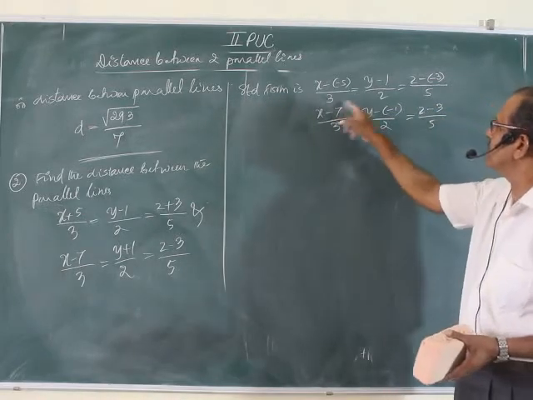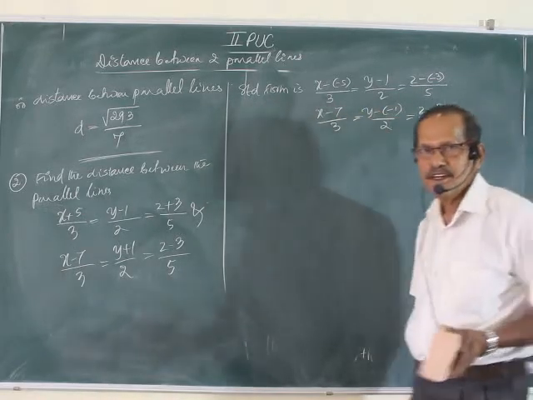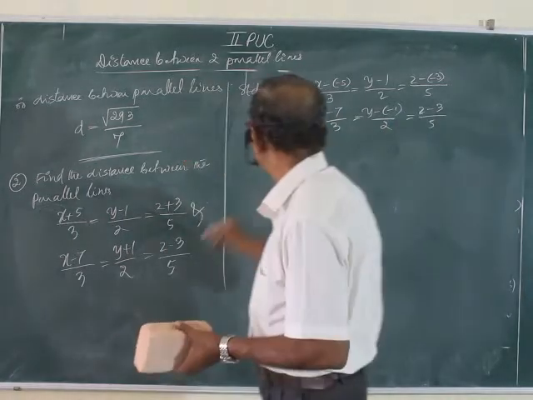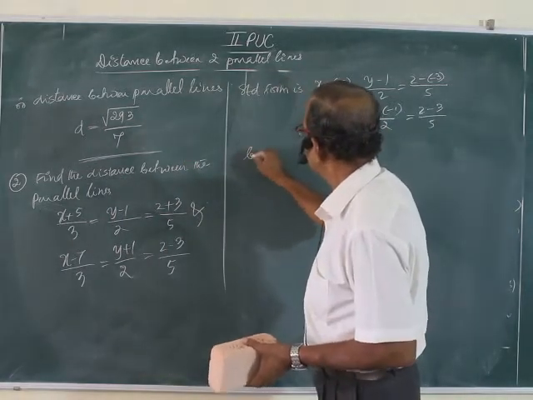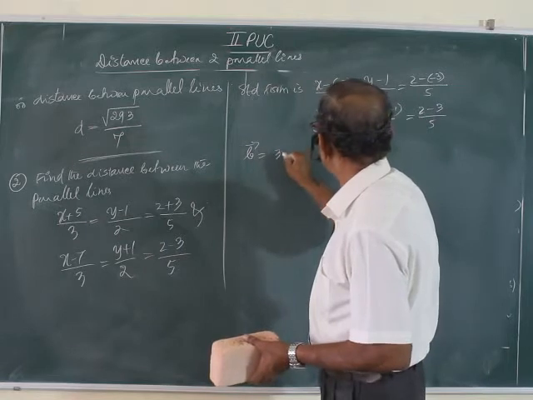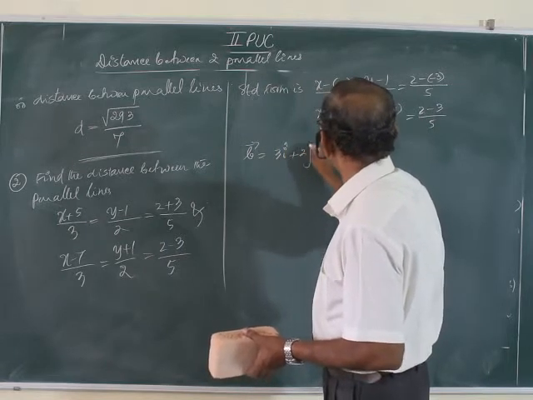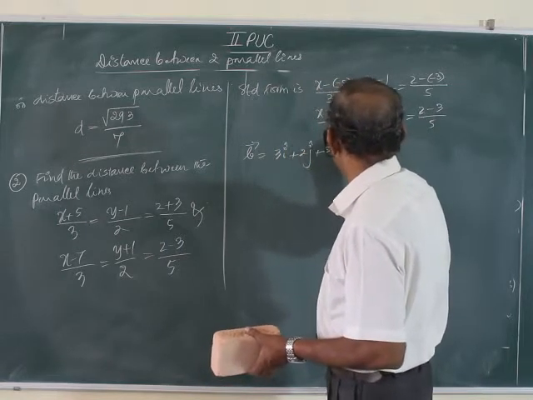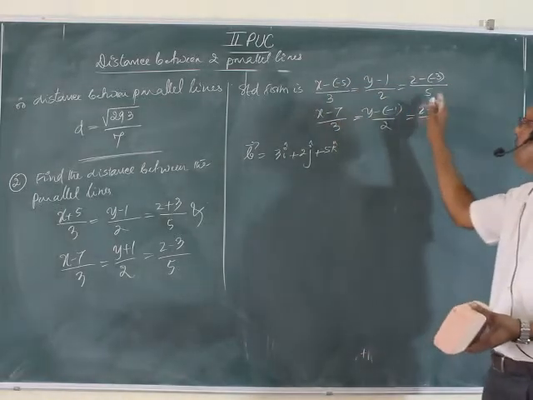You can observe the denominators 3, 2, 5, it is a vector b. Vector b is 3i plus 2j plus 5k.